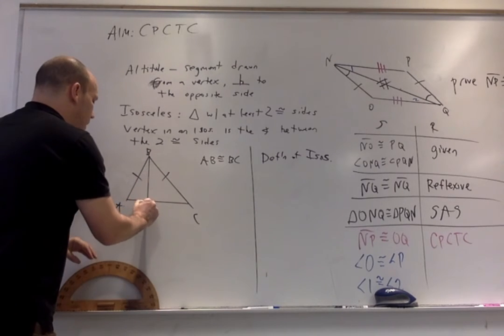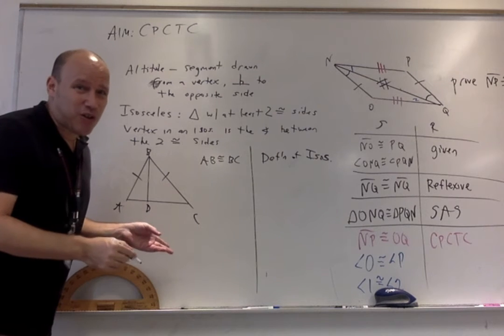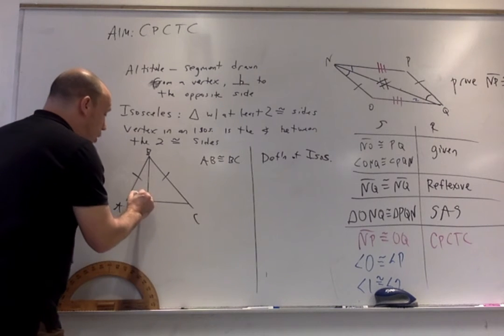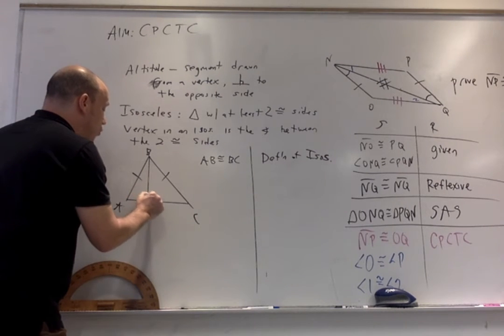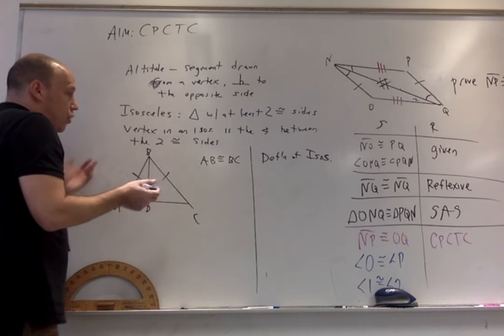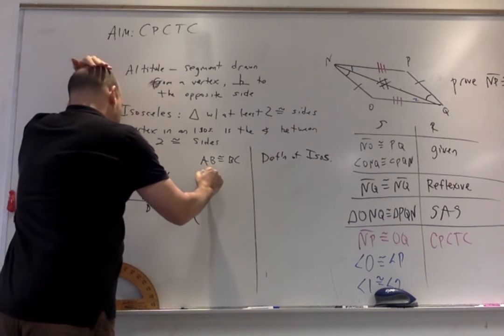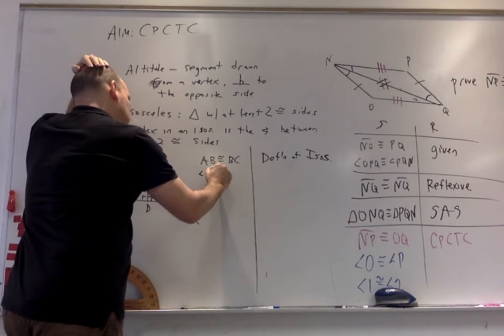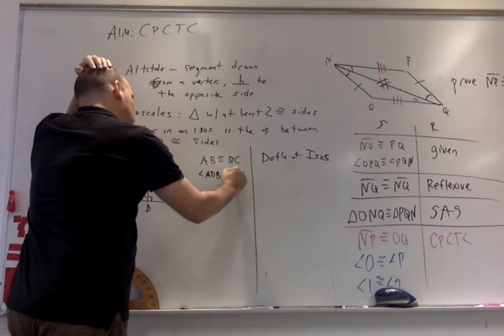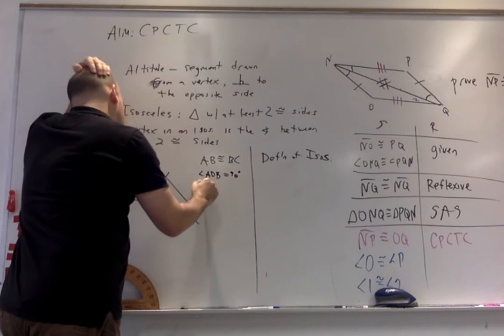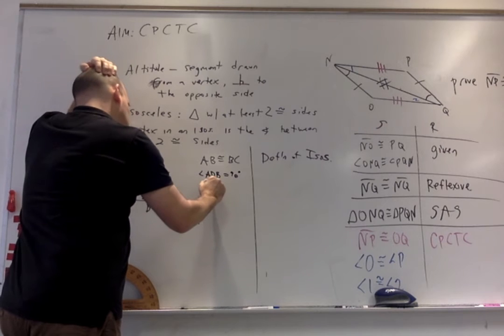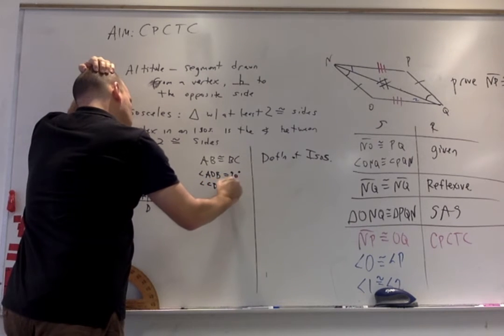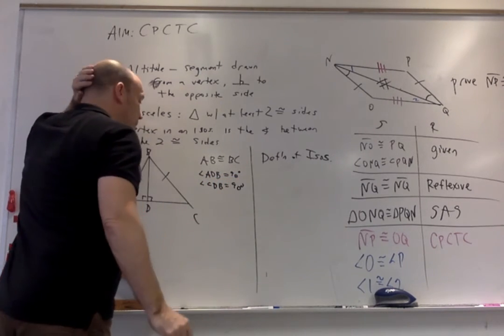So let's call that D. I'm sorry, it's a really bad picture. I apologize. We're told that BD is an altitude, so it's perpendicular to the base. So angle ADB equals 90 degrees, and angle CDB is 90 degrees.